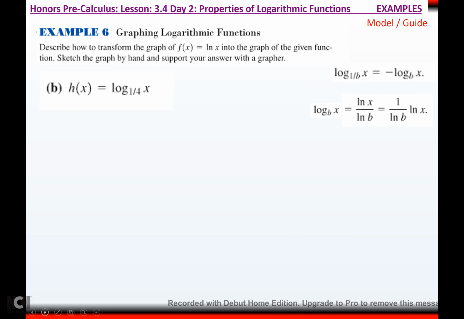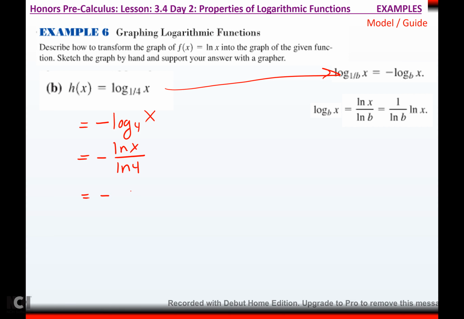Alright, so if I do this one, anytime I see my base has got that fraction, I'm using this property, which means I can rewrite this as negative log base 4 of x, which means I can write that as a negative natural log of x over natural log of 4.